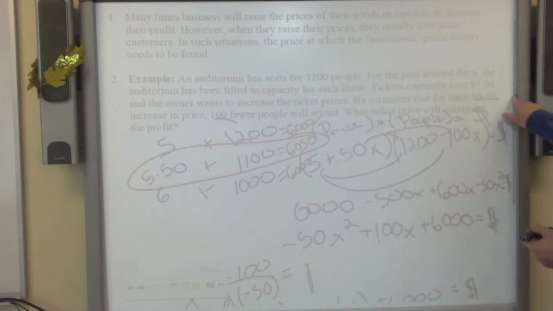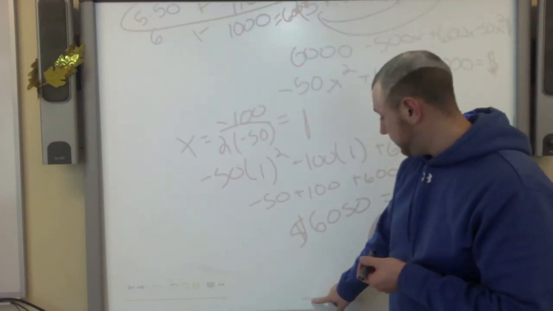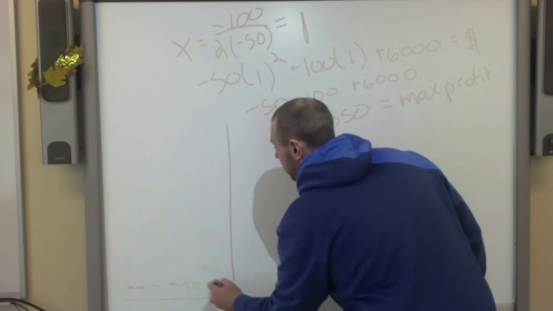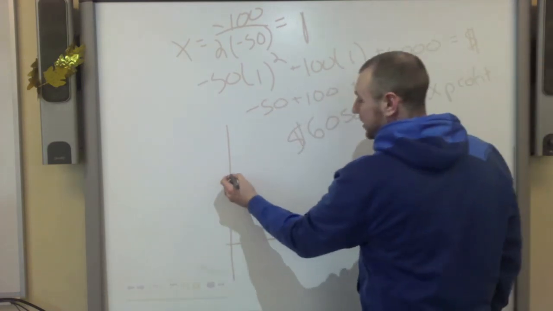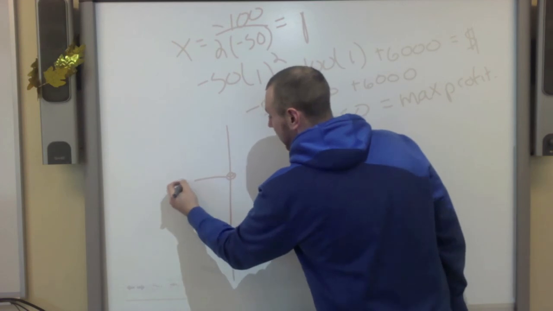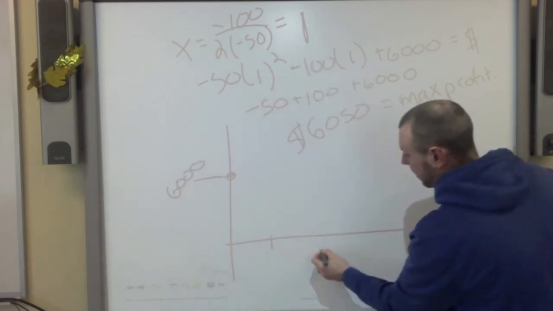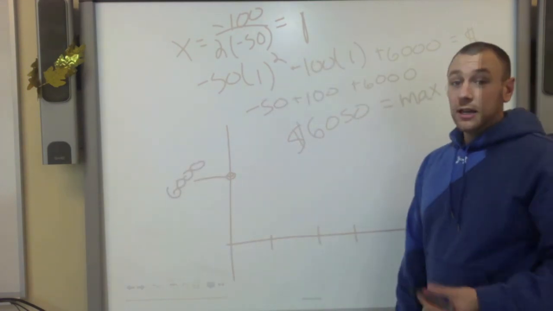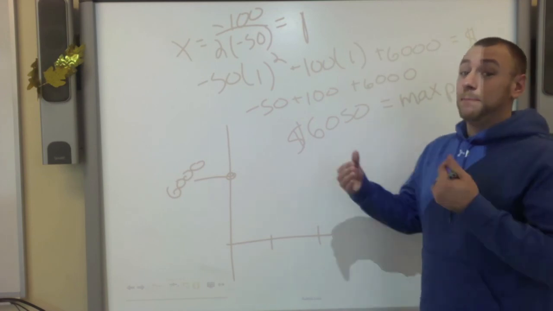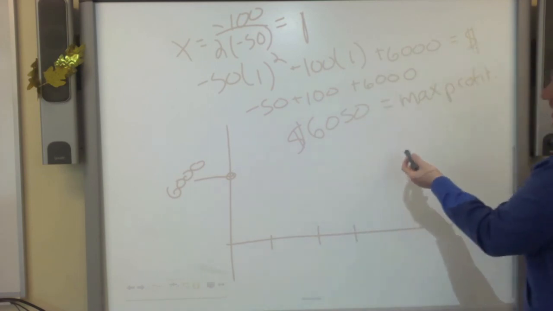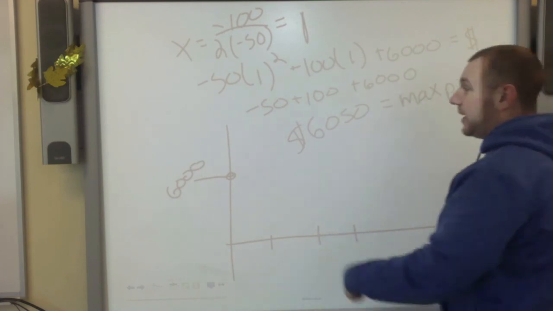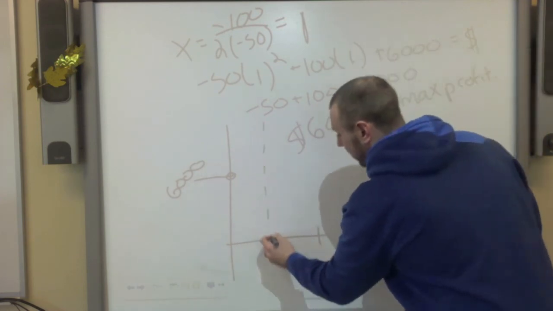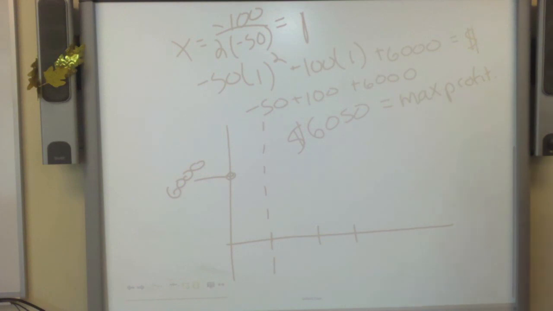I can also look at the graph of this, and this 6,000, that's going to be my y-intercept. And that's where I'm starting. That's where I'm beginning. $6,000 is what I'm making right now, but I want to maximize that. And in this case, I found my axis of symmetry is 1.